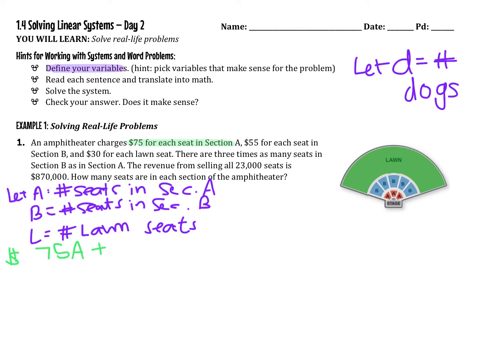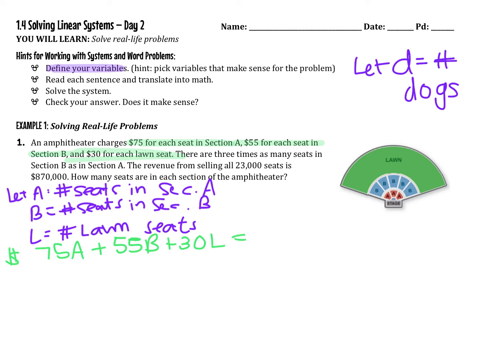It charges $55 for section B tickets and $30 for lawn tickets. So plus 55B plus 30L.